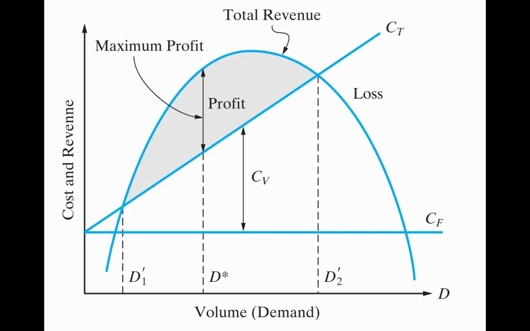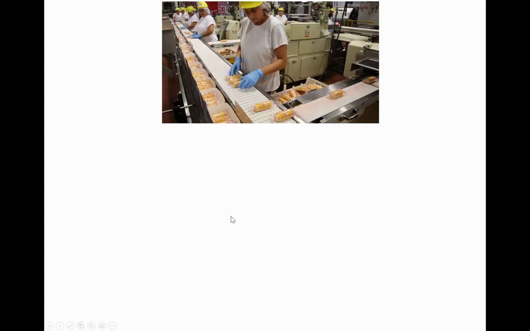So we did some hand calculation problems that allowed us to find the optimal demand, the break-even points, and how much profit is going to be obtained at a certain volume of demand. Now, what we're going to talk about today is some other aspects of costs, and we'll also talk about how costs affect the level of production that should be undertaken.